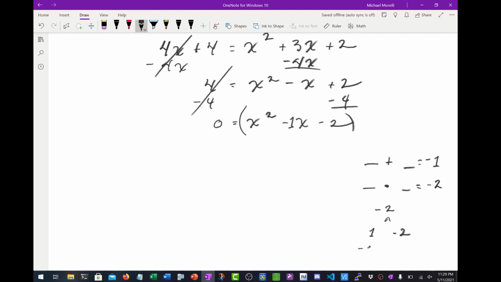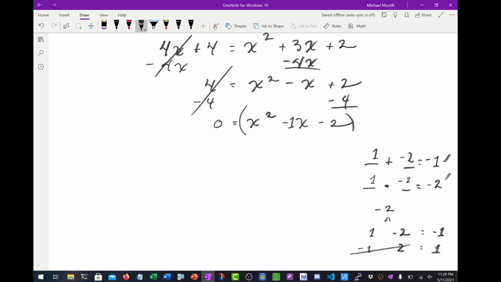Can do -1 and +2. And so these both multiply to be -2, but this one adds to be -1, and this one adds to be +1. So we would discard this. These are my two factors, 1 and -2.